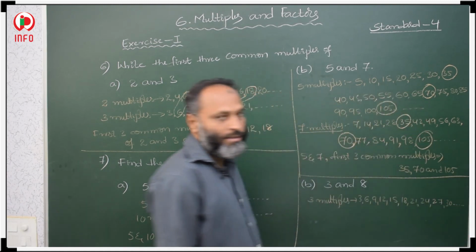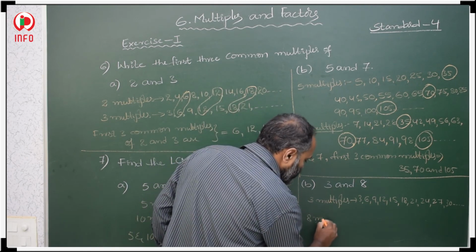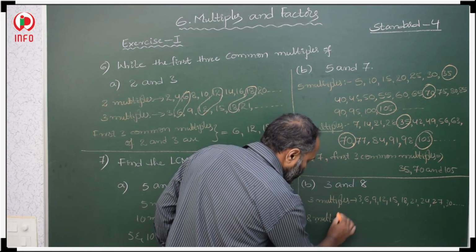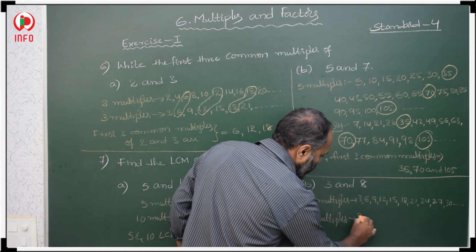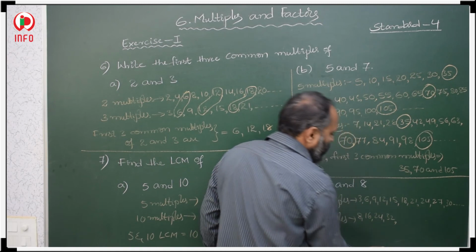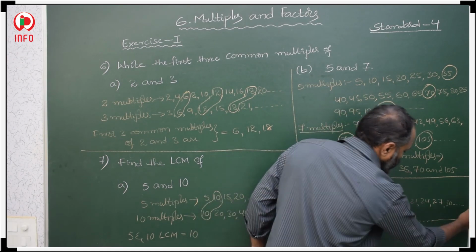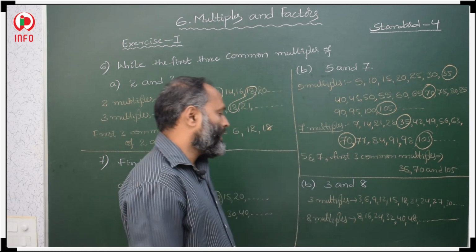Then the multiples of 8: 8, 16, 24, 32, 40, 48. These are the multiples of 8.